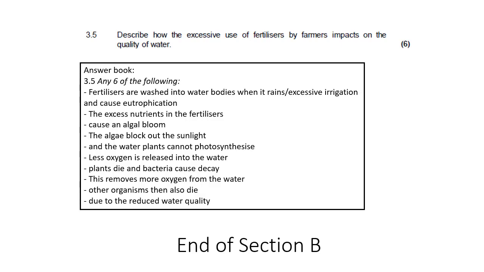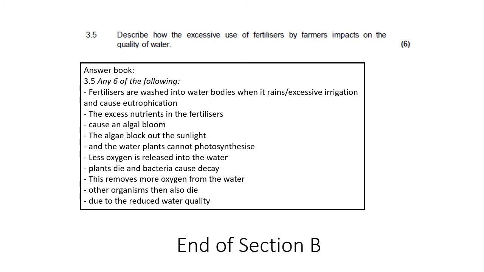Question 3.5 Describe how the excessive use of fertilizers by farmers impacts on the quality of water. And for 6 marks, you need to mention any 6 of the following. Fertilizers are washed into water bodies when it rains or due to excessive irrigation, and the result is eutrophication. The excess nutrients in the fertilizer cause an algal bloom.